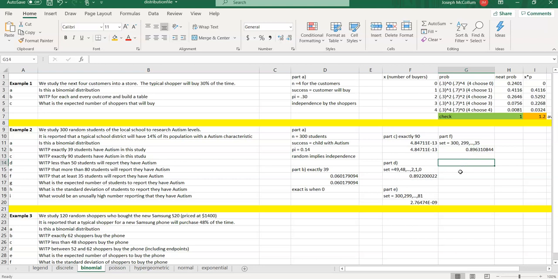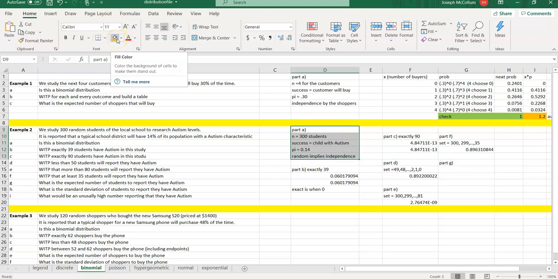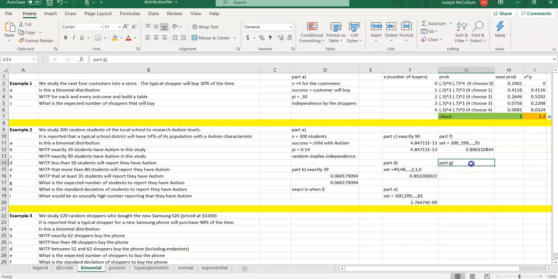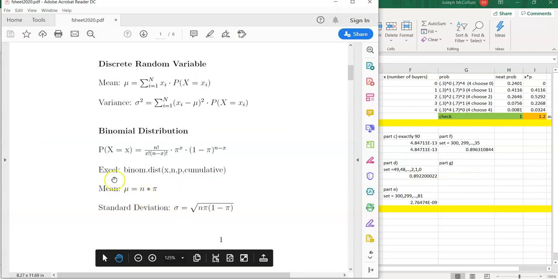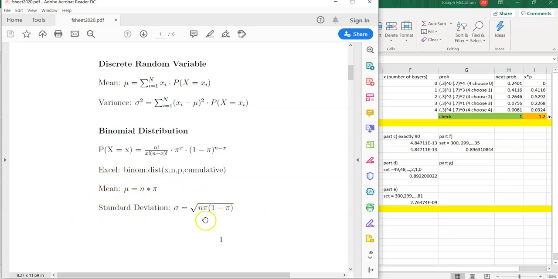All right. Expected. Well, to do expected, you could build the table out. That's true. You could build the table, but because it's binomial, and that's the key. That's why this check is so important right there. That check is saving my life. Since it's binomial, I can either recall or look up the formulas. The binomial distribution has a mean, and by the way, the standard deviation, quick formulas.